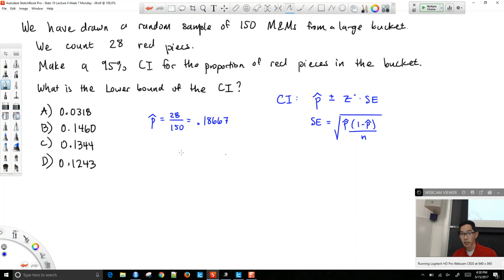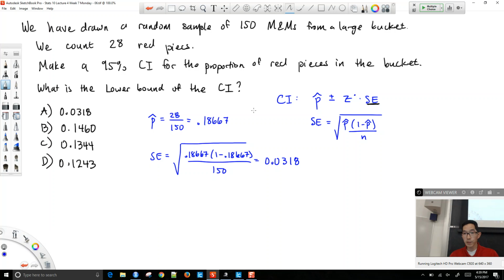Therefore, my standard error is going to be the square root of 0.18667 times 1 minus 0.18667, divided by 150. And when I punched this out, I got 0.0318 as my standard error. So that gives me this part right here.